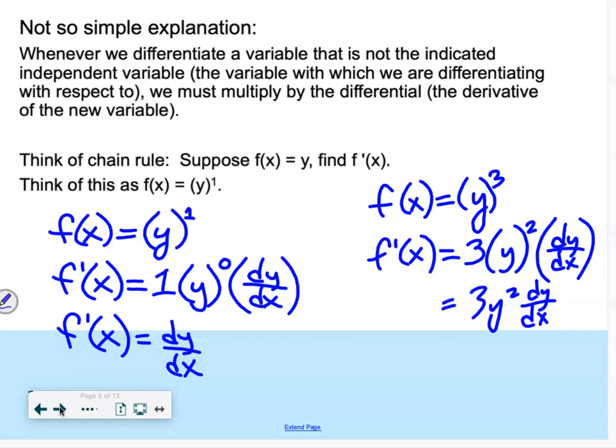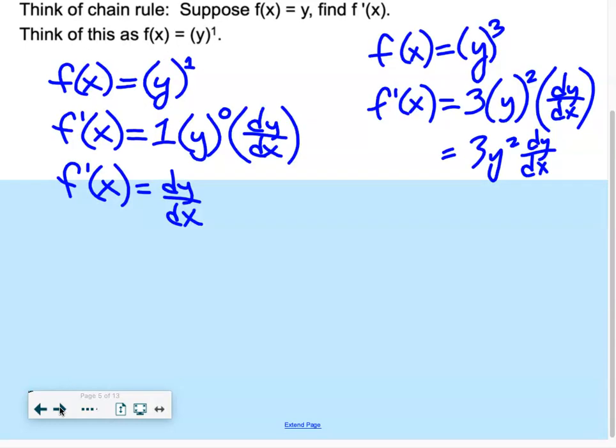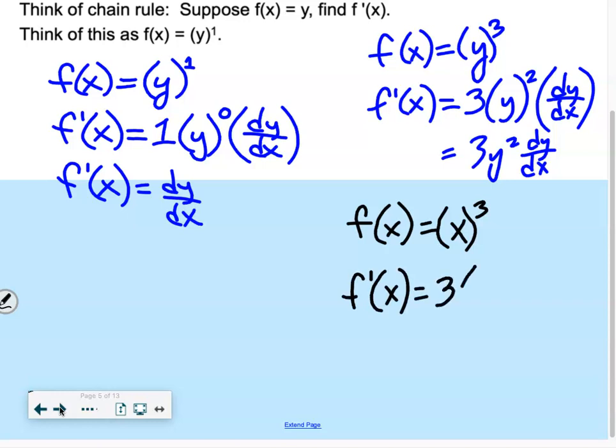So why don't we have to do it for x? Suppose f of x equals x cubed. So our f prime would be 3x squared times the derivative of x with respect to x. What's the derivative of x with respect to x? 1.